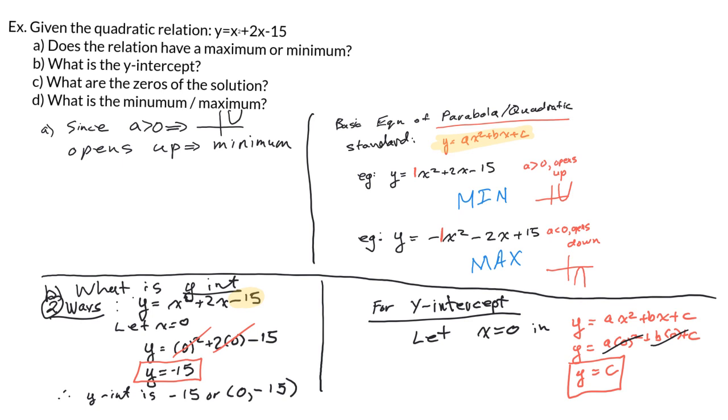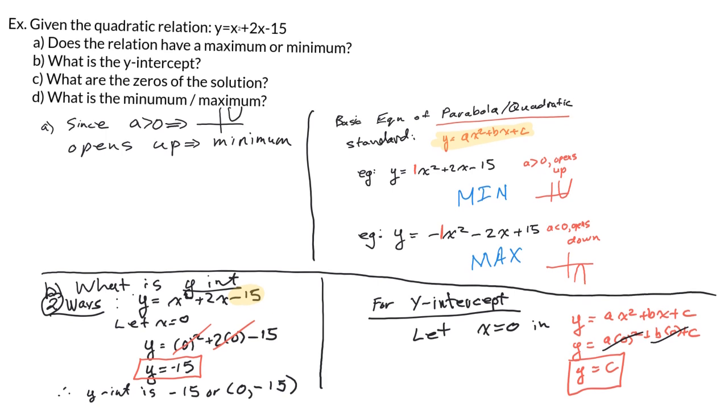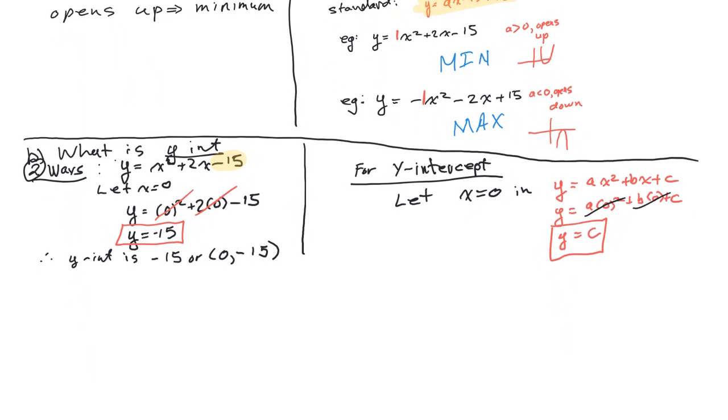All right. So now what we have to do is take a look at this next thing here. Part C, what are the zeros of my solution? So let's take a look at what that means.